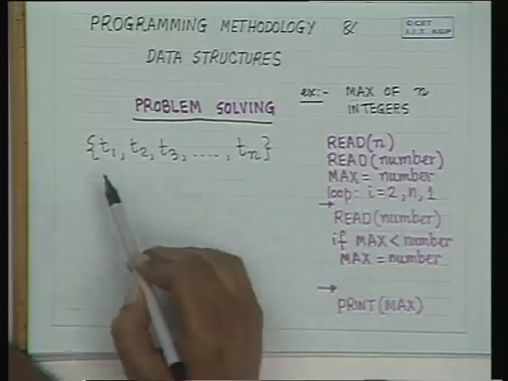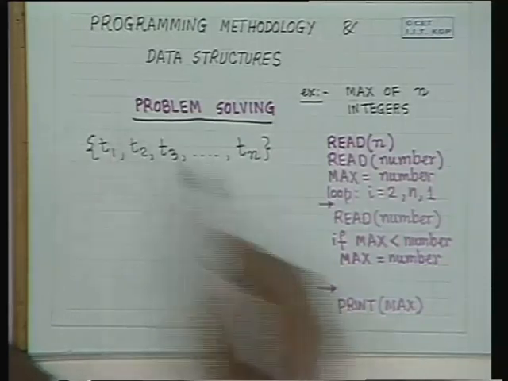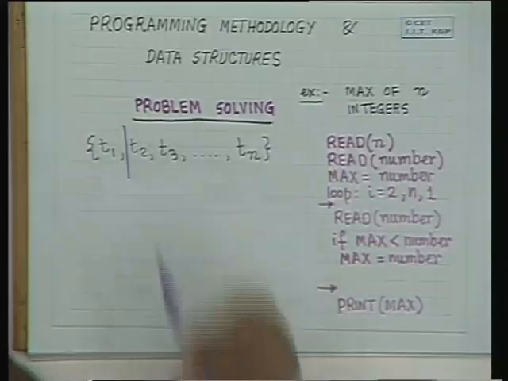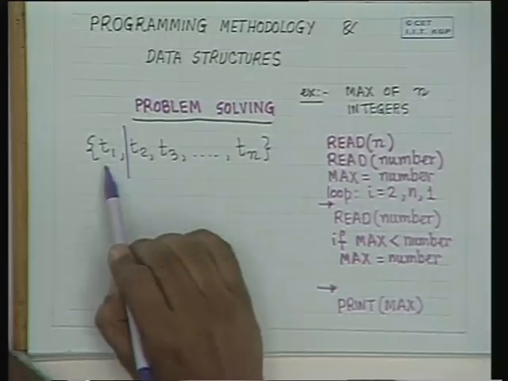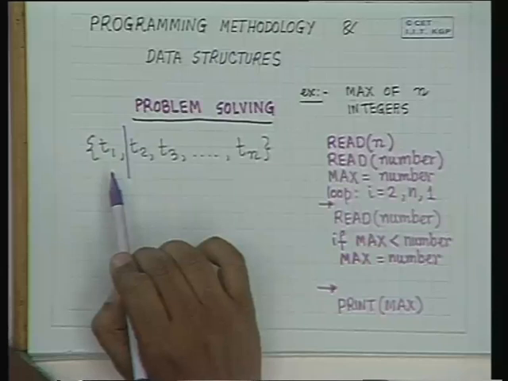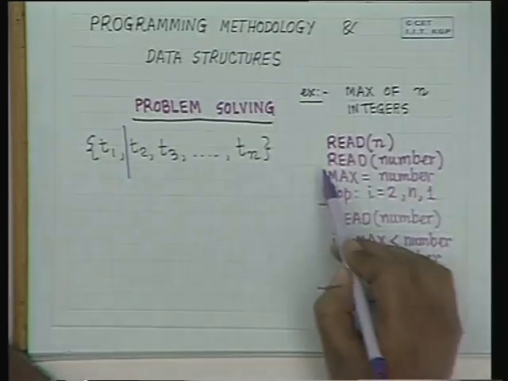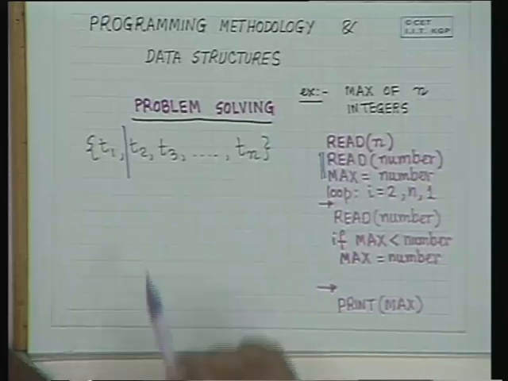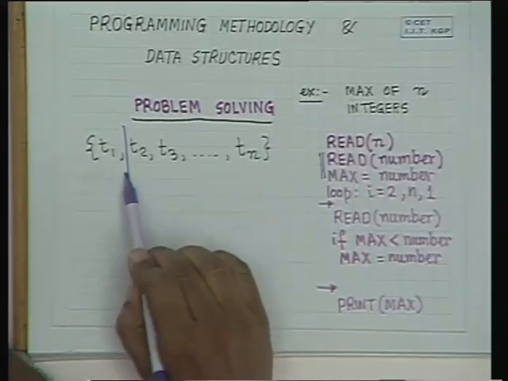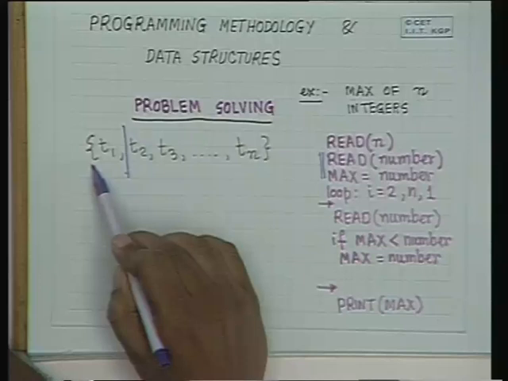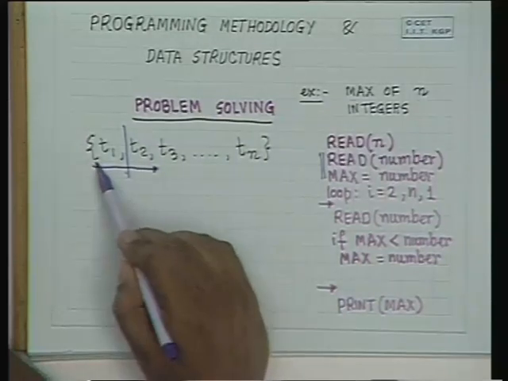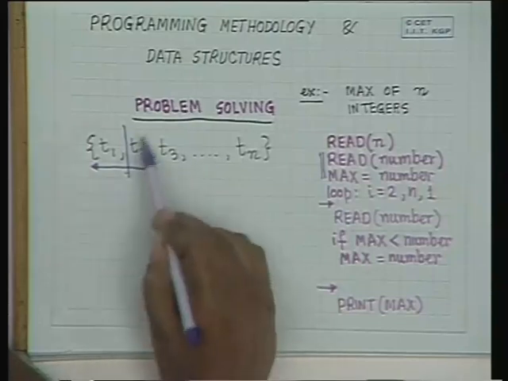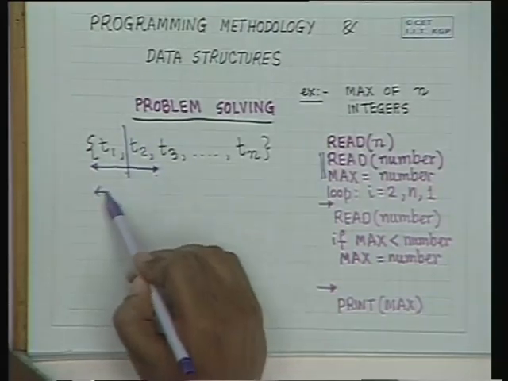The problem solving approach here was, we first tried to solve the problem up to here and said that if this was the only problem that was to be solved, this is the value of the maximum, which we did here. And then once we have solved this problem, we tried to solve the problem from beginning to here. And then once we have solved this problem, we tried to solve the problem up to here.